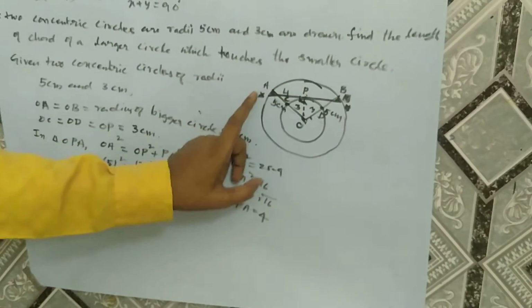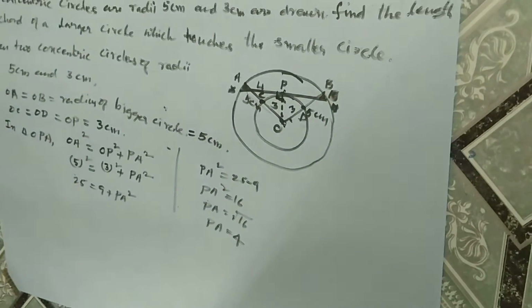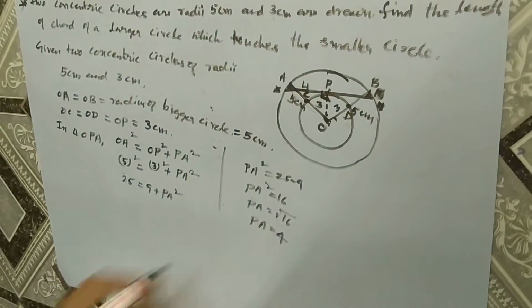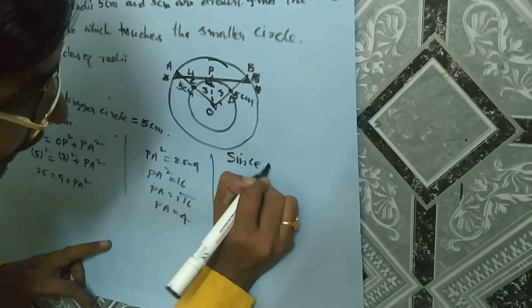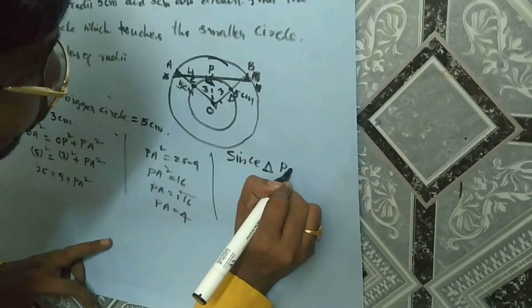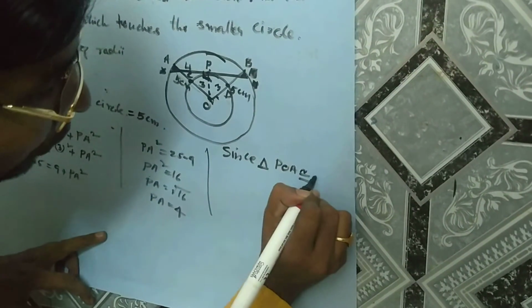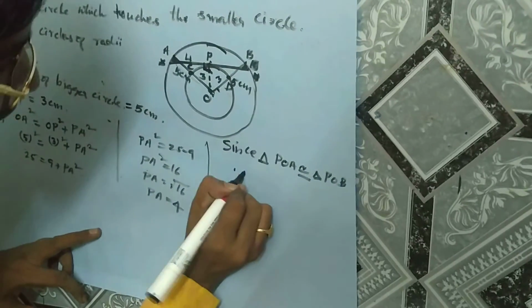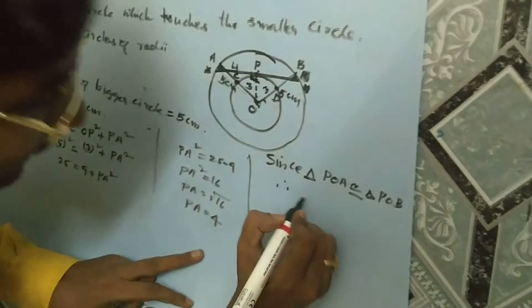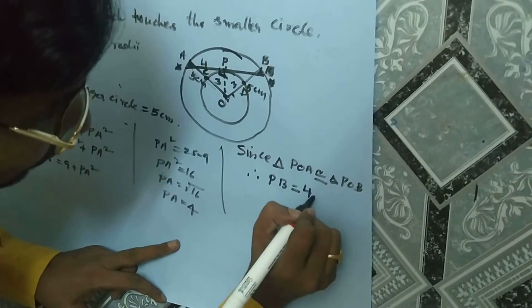If you see here, triangles POA and POB are congruent. Since triangle POA is congruent to triangle POB, PB will also be 4.